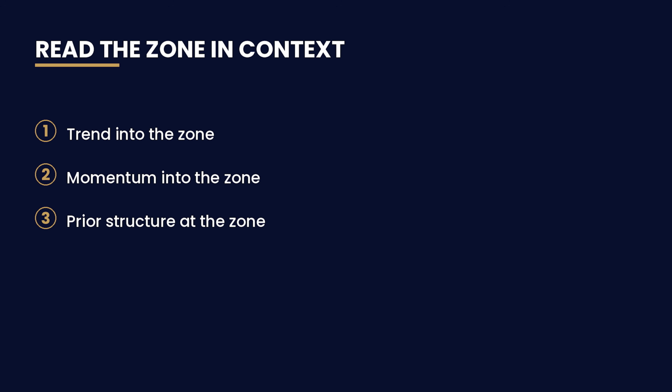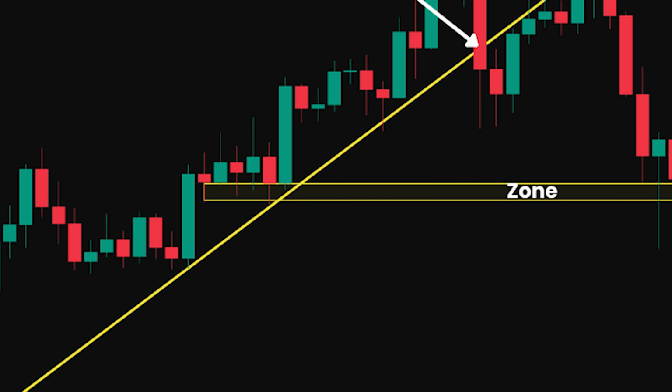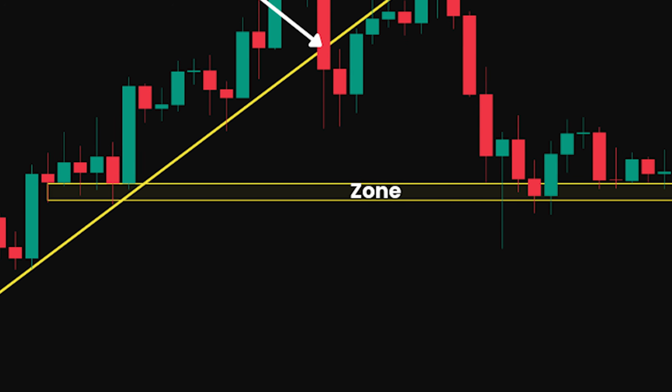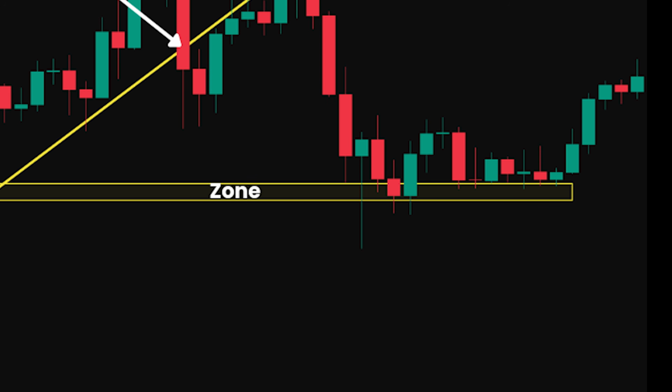What happened in the last several swings also matters. If price is arriving at a zone after a slow, controlled pullback, that's a different story than price arriving at a zone after a sharp, high momentum breakdown. The second scenario often means that sellers are in control, and the zone is more likely to be used as a pause, not as a price floor.